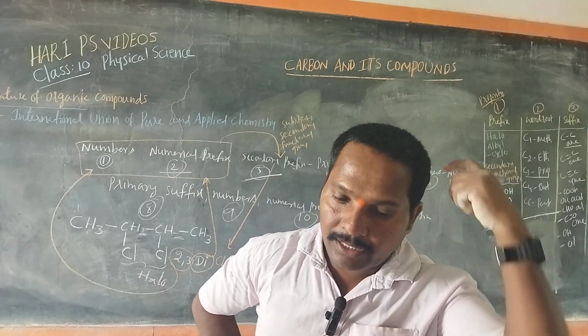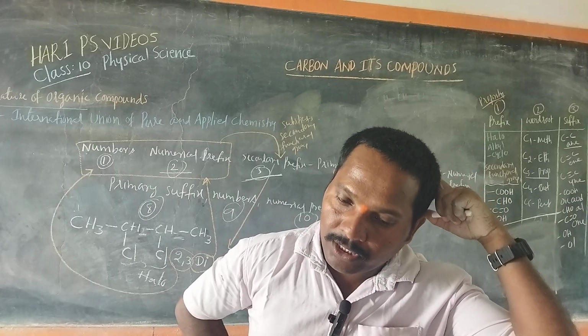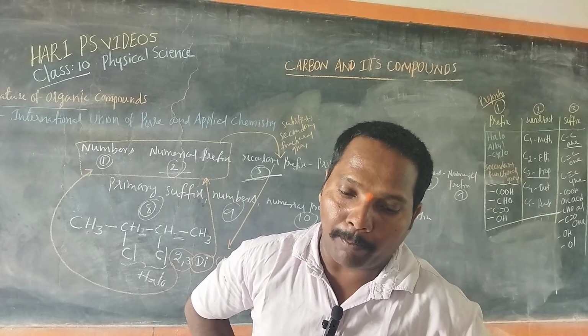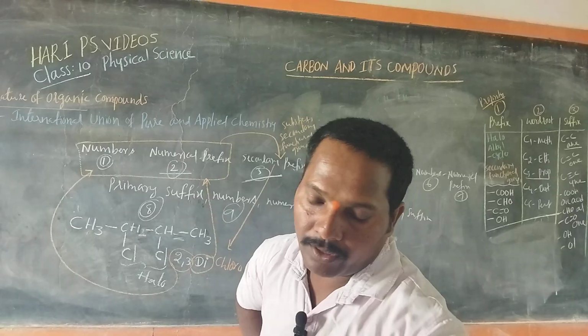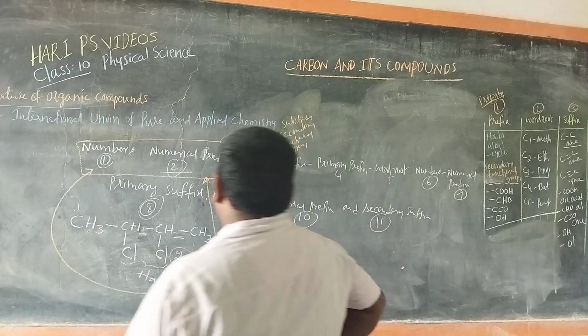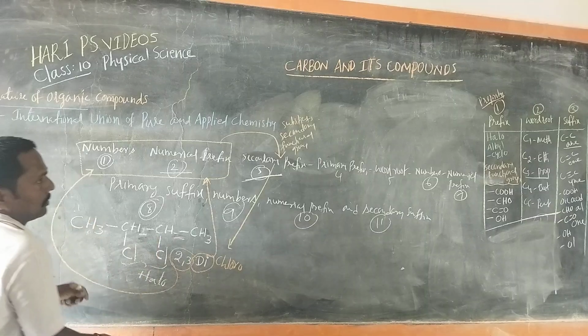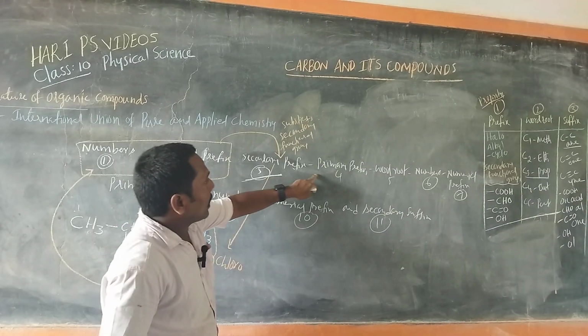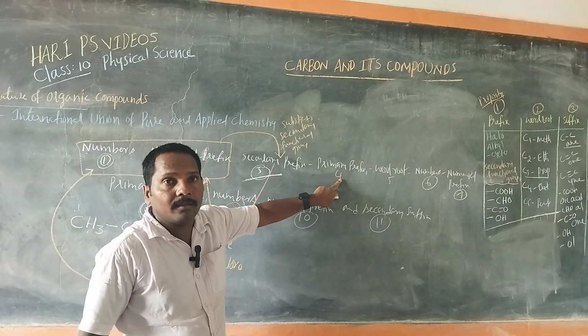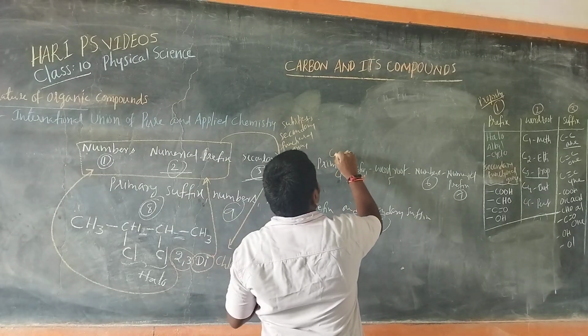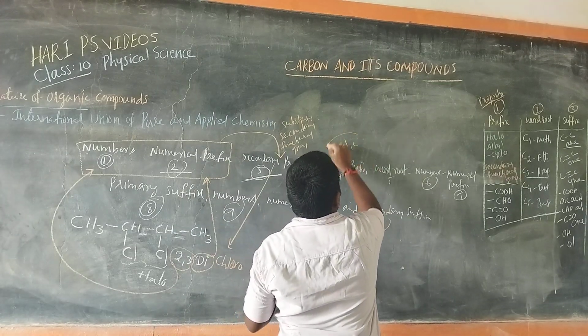6 and 7 tell about the position and repetition of the multiple bonds. Then this is the first part. Is there a primary prefix? The primary prefix is about cyclic compounds.